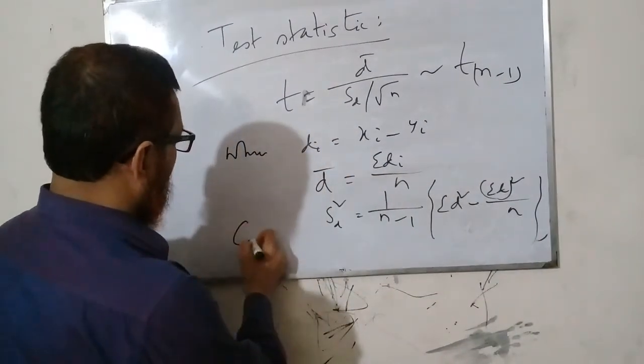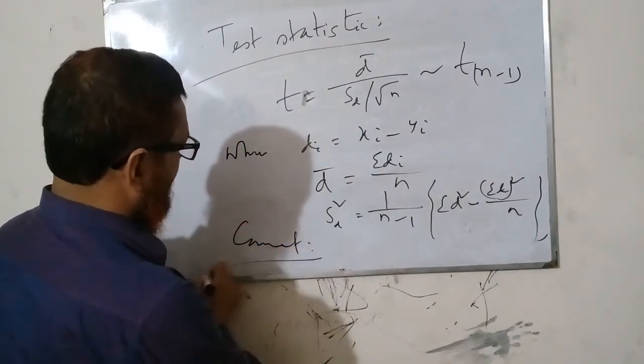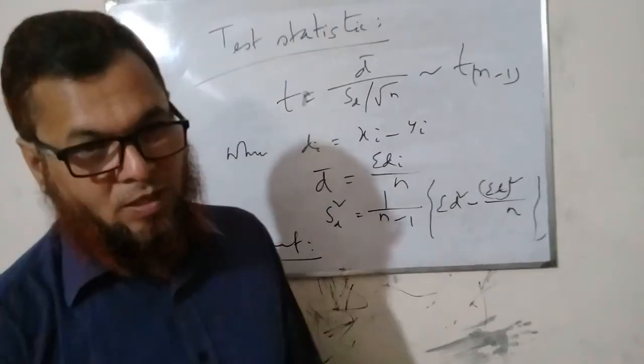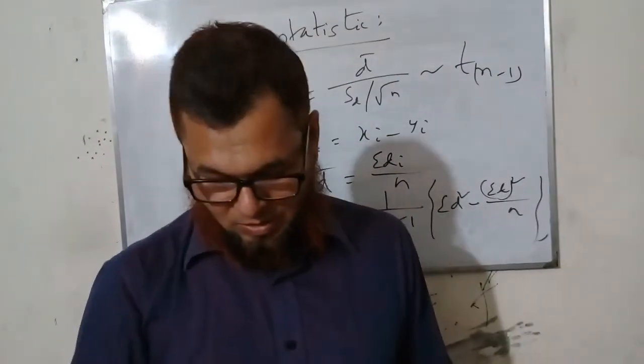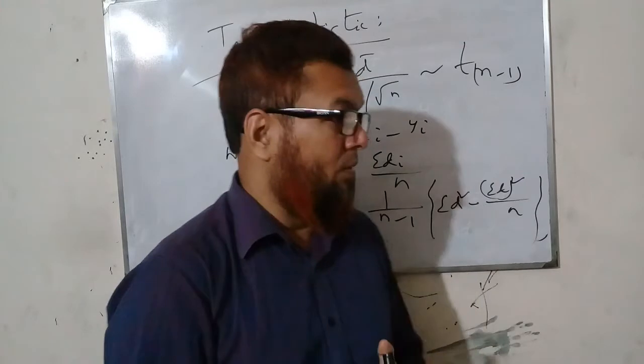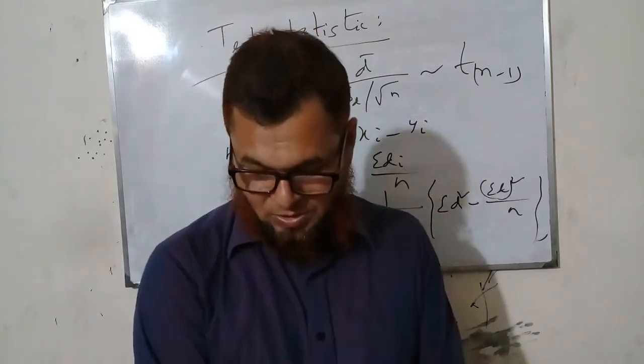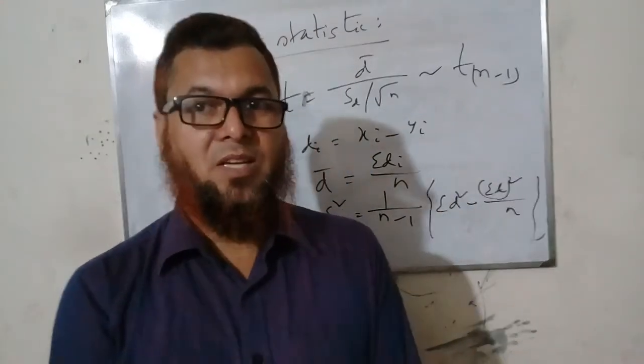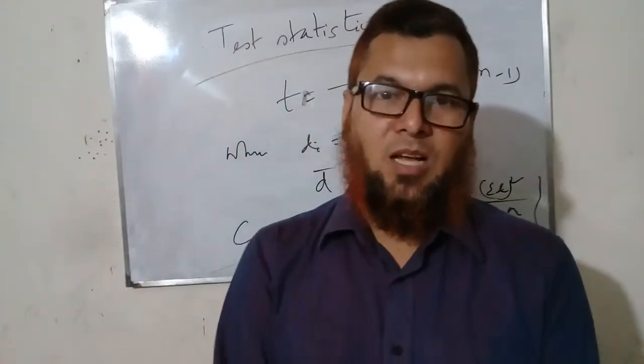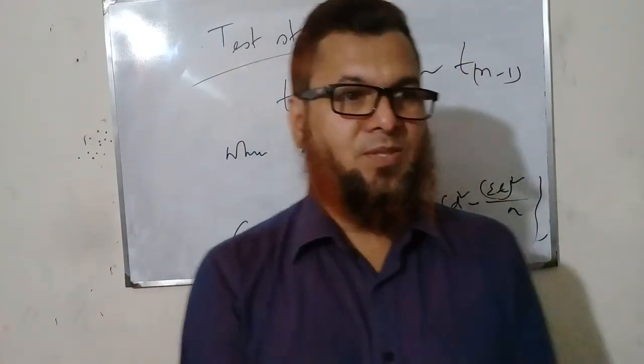And finally comment. We know if calculated t is greater than tabulated t at 5% level of significance, then we may reject the null hypothesis, otherwise accepted.